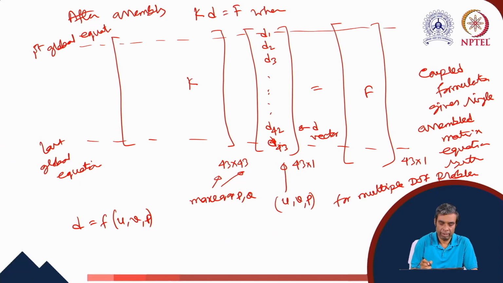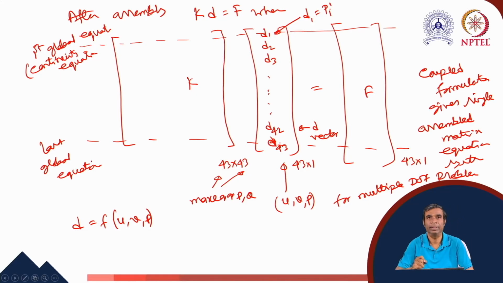It means that the first global equation will be the continuity equation. So we can say that D1 equals P1E. So this D1 means it is P11. This is the first degree of freedom.